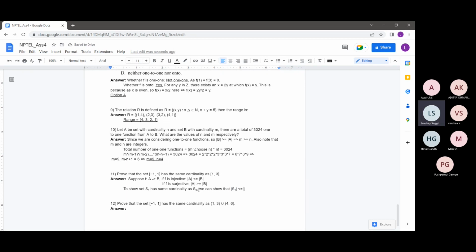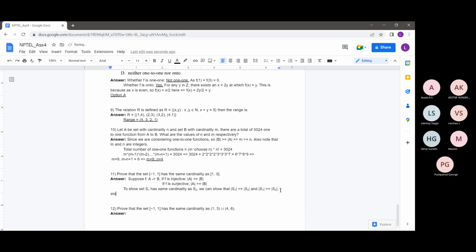I hope I'm making sense, guys. If I'm not, you can ask me in the chat what is not clear. So to show that S1 has the same cardinality as S2, we can show that S1 is less than or equal to S2 and S1 is greater than or equal to S2.